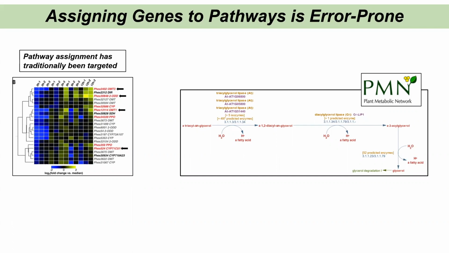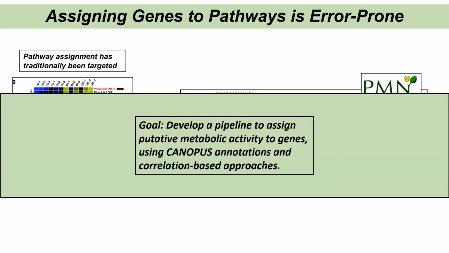So there's definitely room for other approaches in this space. And so our approach, the goal here, is to develop a pipeline to assign putative metabolic activity to genes using CANOPUS annotation and correlation-based approaches. And particularly, we're using the data that was generated in the experiment that I've described previously.